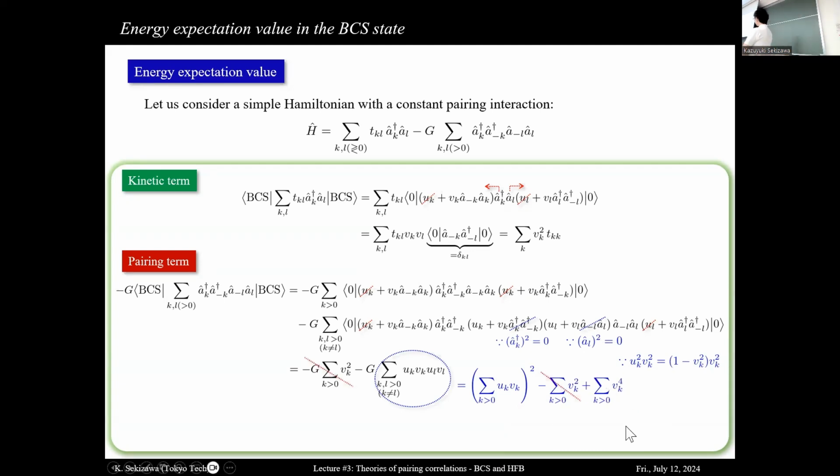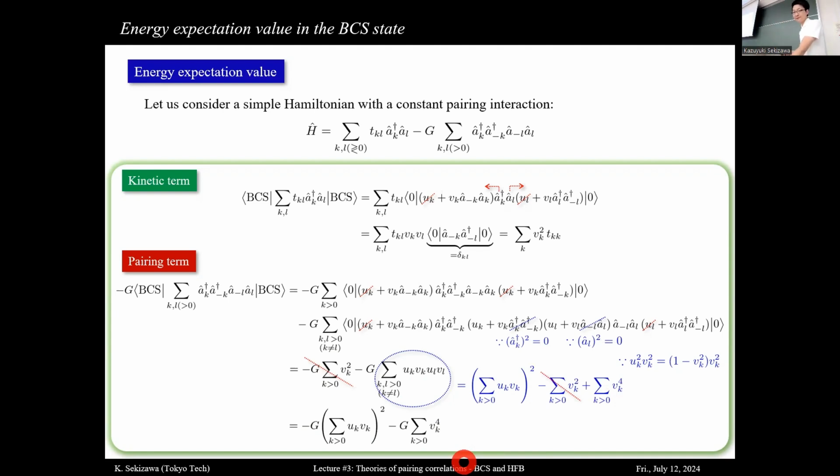And then you can find that this term and this term are the same, and you end up with this equation: this term here, and the rest is vk to the power of 4.